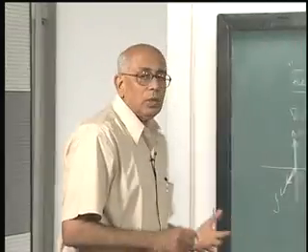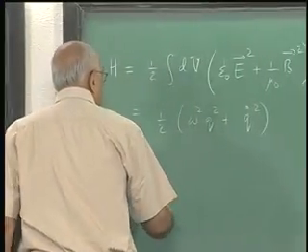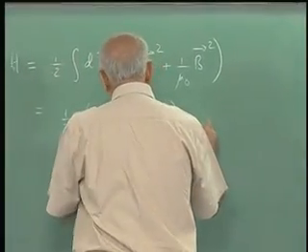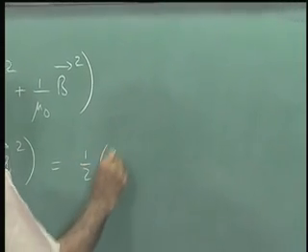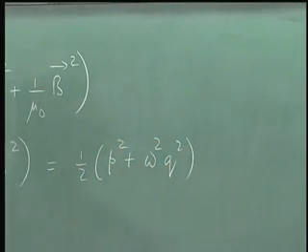In fact, it is a harmonic oscillator with mass equal to 1, m equal to 1 effectively. So instead of q dot, let me just write this as p, because m q dot is p, so half p squared plus omega squared q squared.